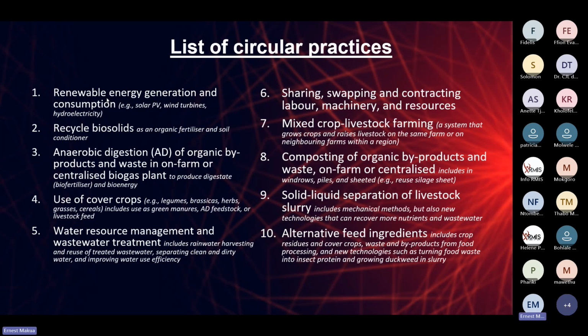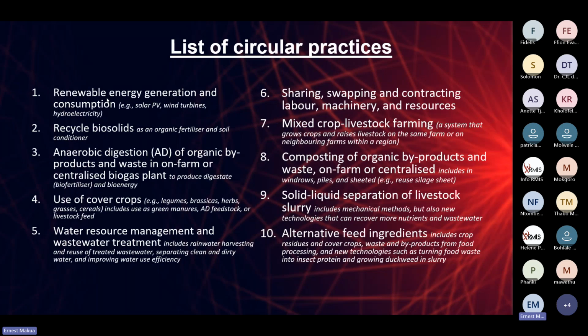And then we also still have to ask them about the solid-liquid separation of livestock slurry, which includes mechanical methods, but also new technologies that can recover more nutrients and wastewater. This one is also yet to be asked to the farmers, because it forms part of the additional questions on our questionnaire.